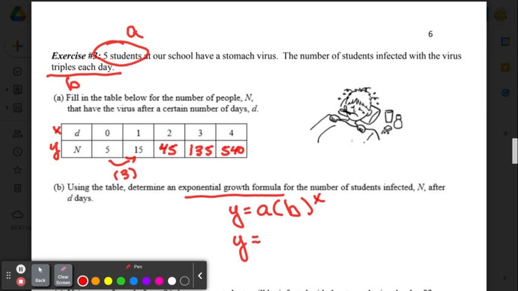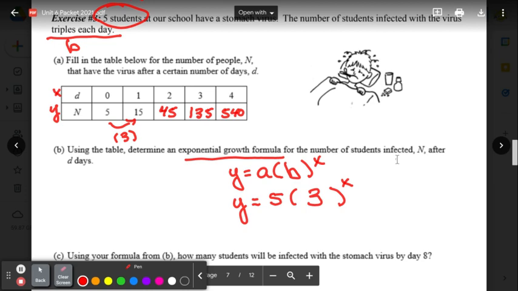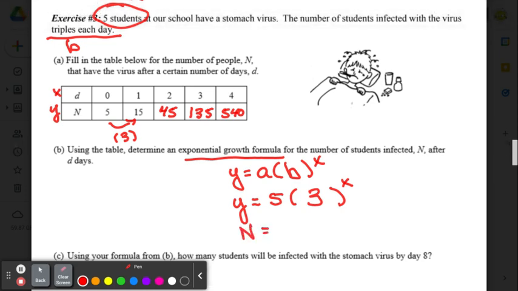So a is our starting number, so that would be 5 students. B is our multiply rate, so we're multiplying by 3. And then our x is in the exponent. So I'm going to change this to our letters we're using, N equals 5 times 3 to the D, and D is the number of days.